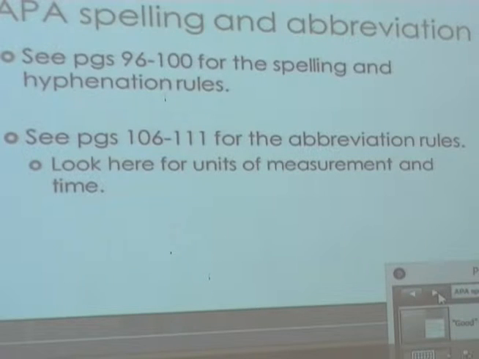And then abbreviations. The abbreviations are actually ones I use a lot because I can't remember, I have to look it up because it just will not stick in my brain. You can abbreviate hour to HR.